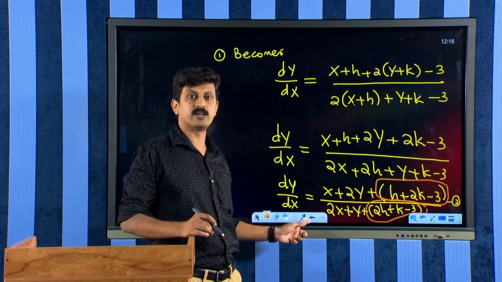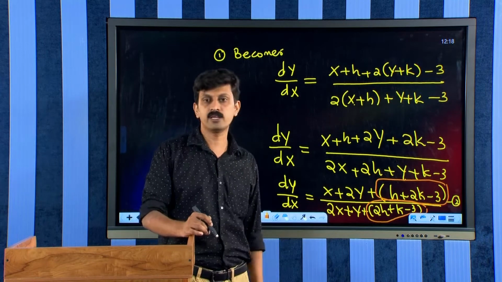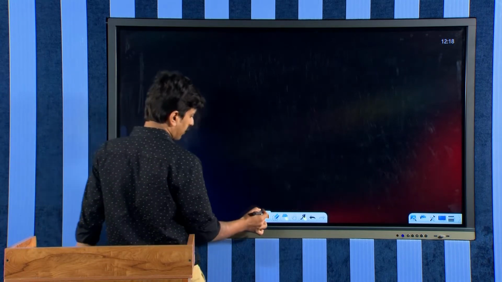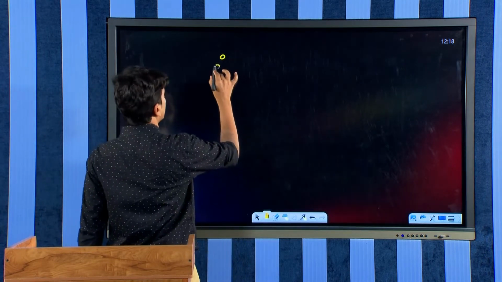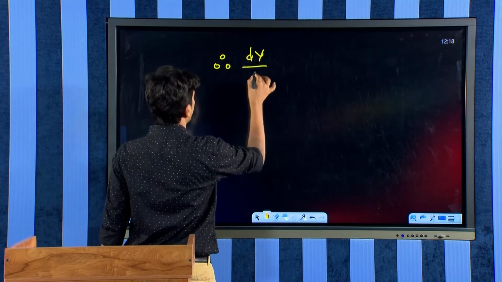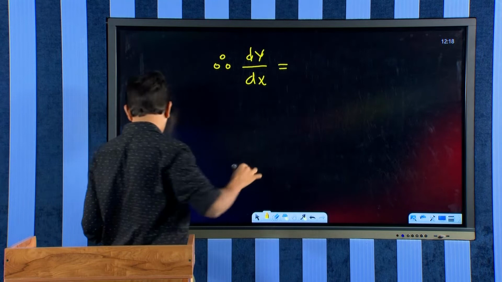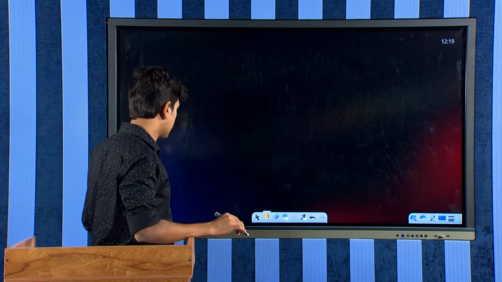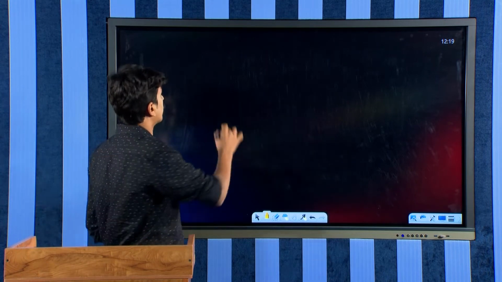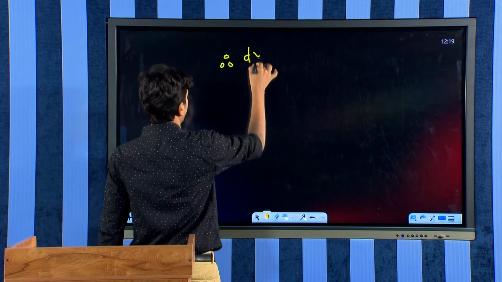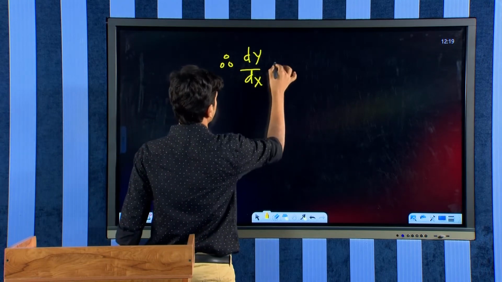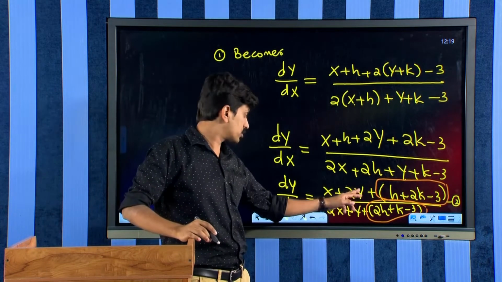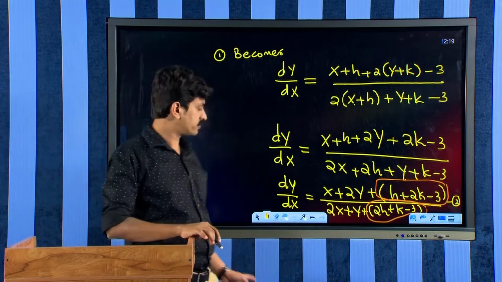So, we consider when h is equal to 1, that will be equal to 0. So, capital dy by dx is equal to x plus 2y divided by 2x plus y.